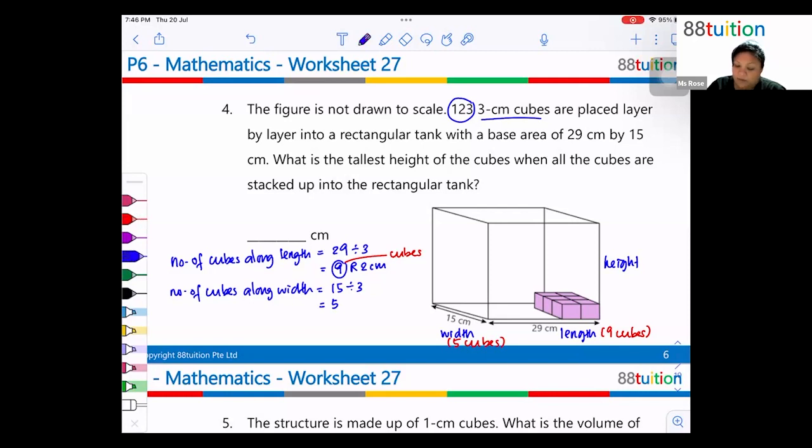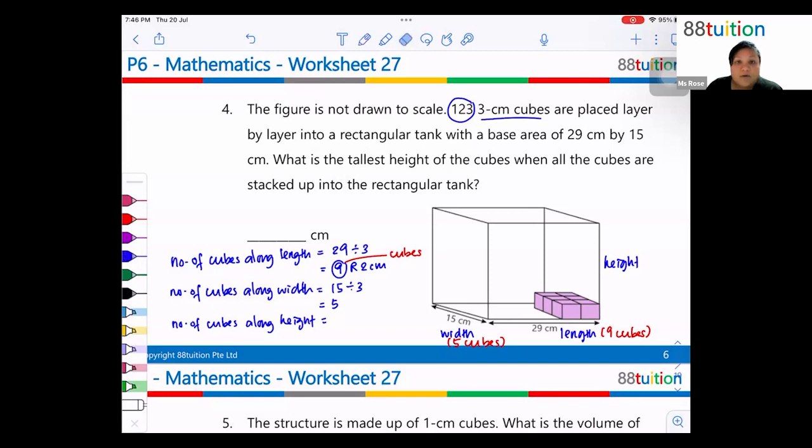Now, what about the height? Along the height, do we know how many? Now, do we need the height? Let me ask you, do we need the height?